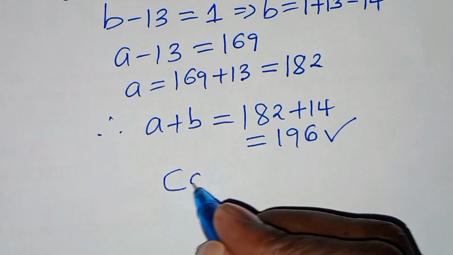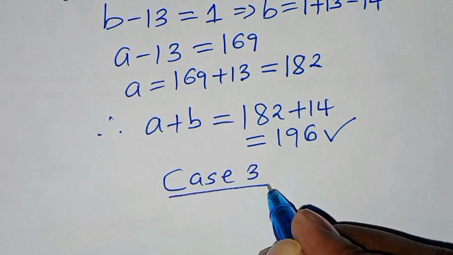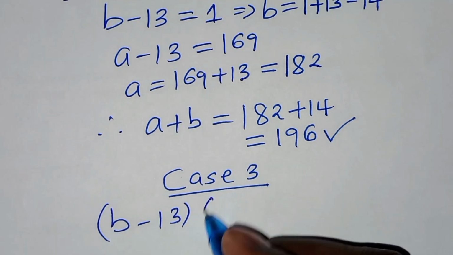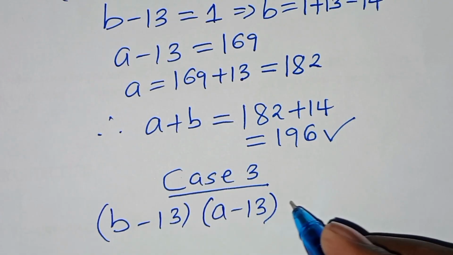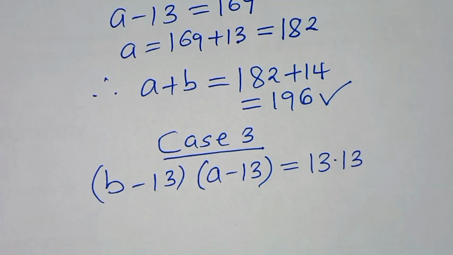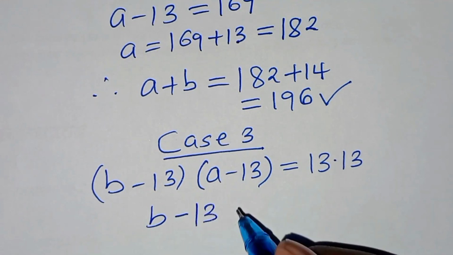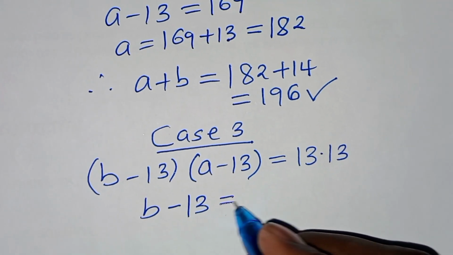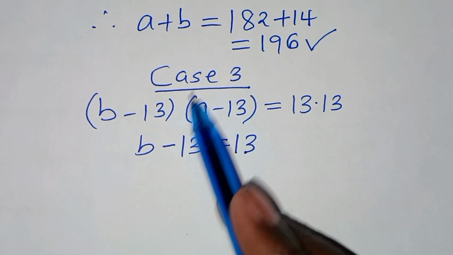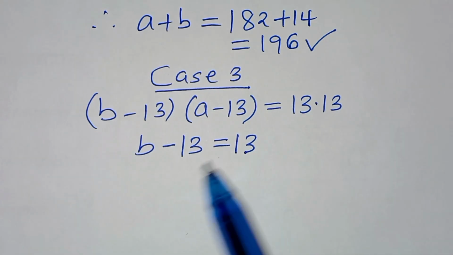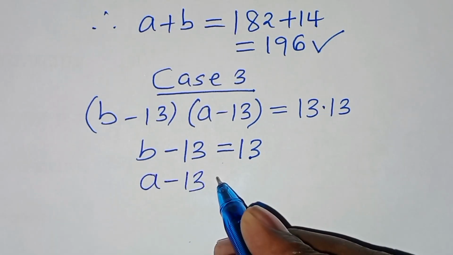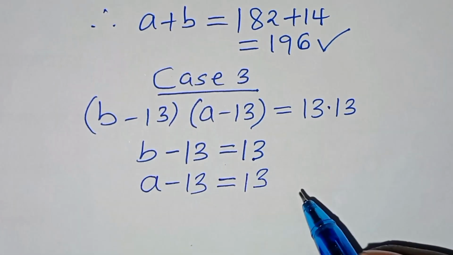Let's proceed to case 3. We have b minus 13 times a minus 13 equal to 13 times 13. So b minus 13 is equal to 13, and a minus 13 is also equal to 13.